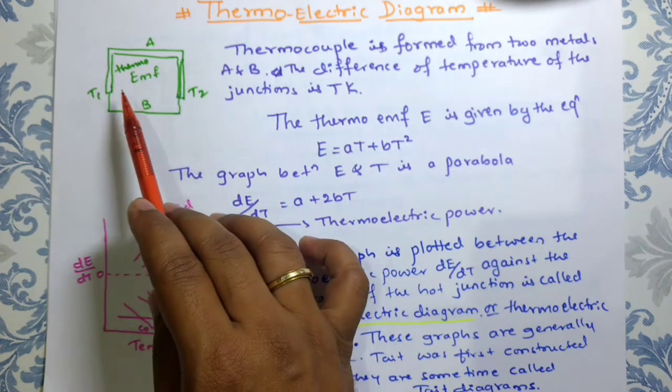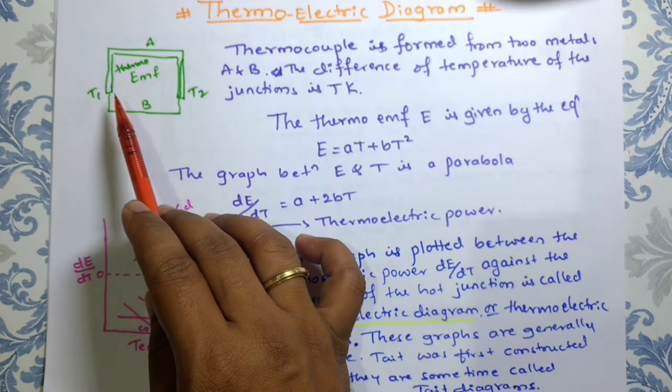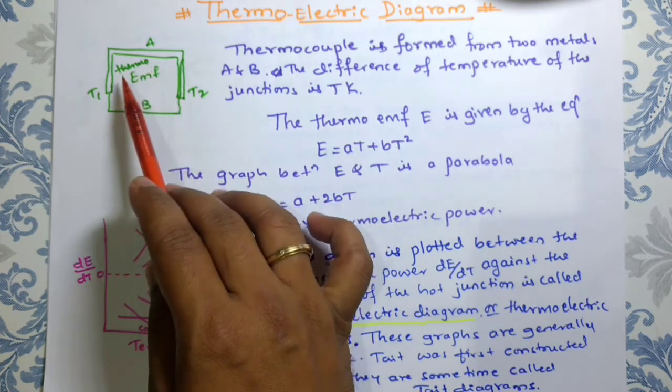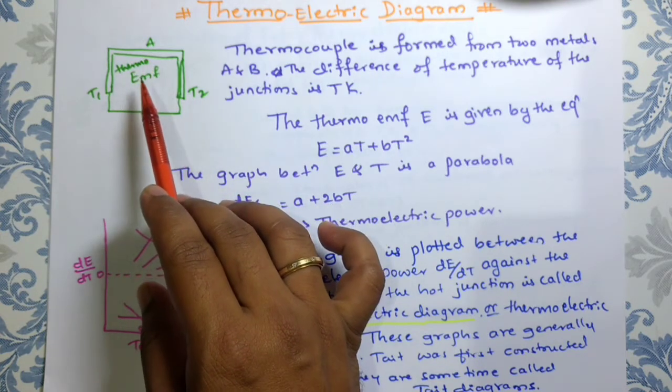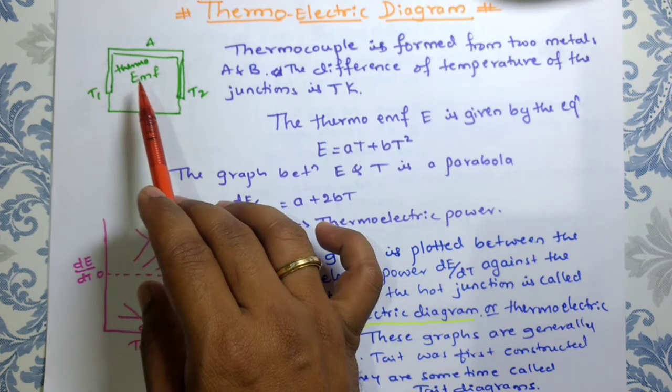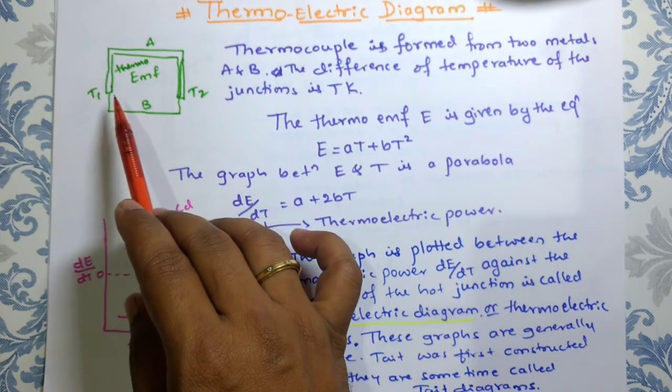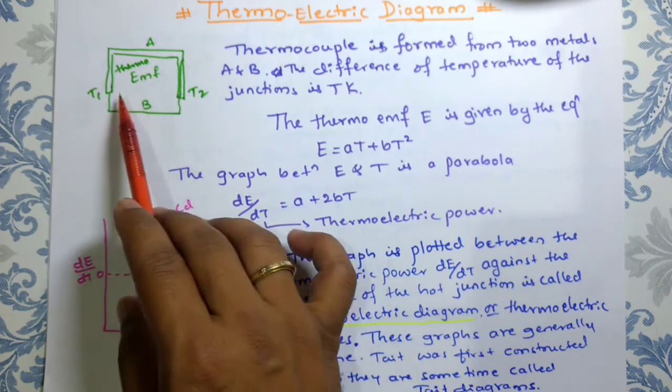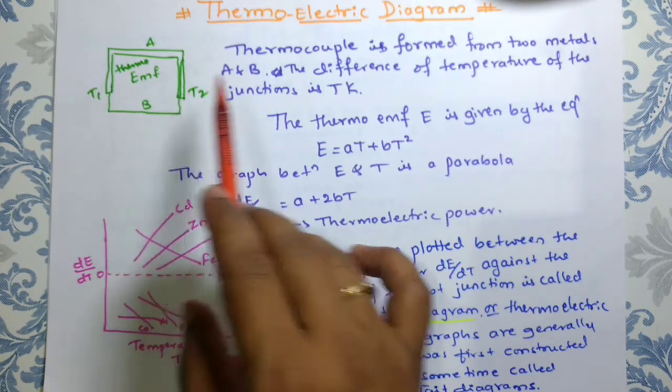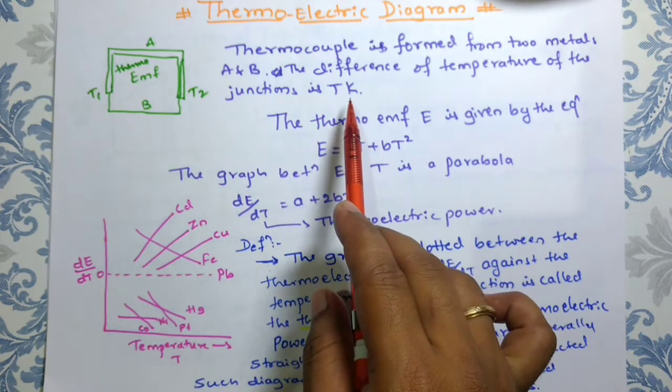If I vary the hot junction temperature, then the thermo EMF also varies in the thermocouple, right? The difference between the temperatures of the junctions I am going to take as T Kelvin.